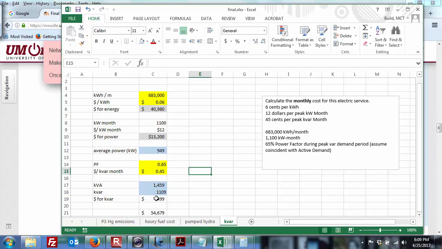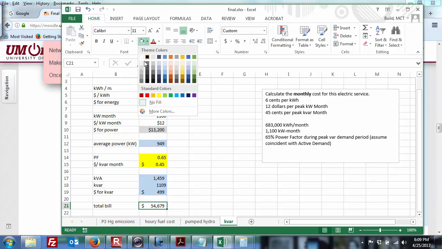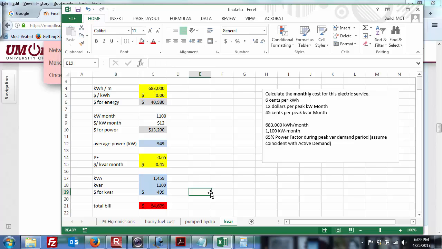And then the dollar for the kVAR is the cost per kVAR times the kVAR that we just found. So that can also be in blue. And then this guy is the sum of all three. Total bill. There we go.